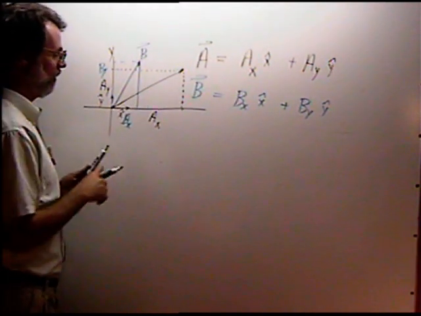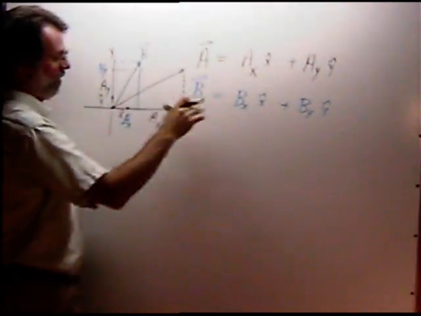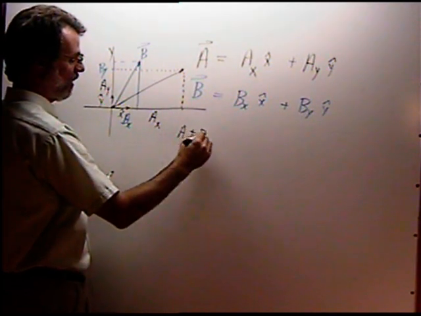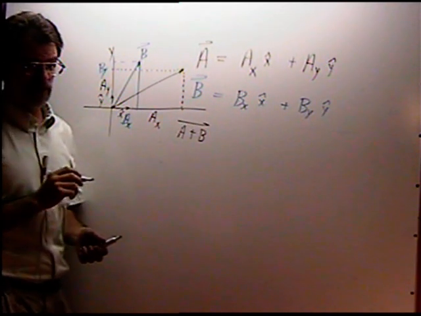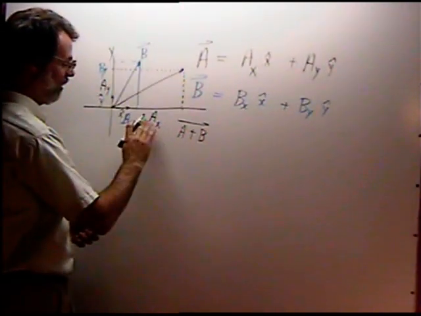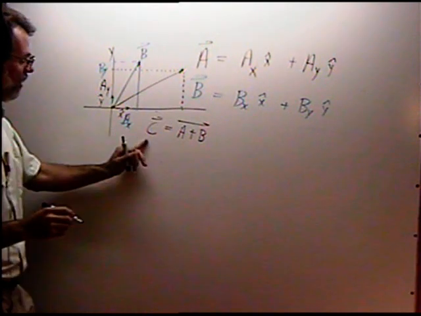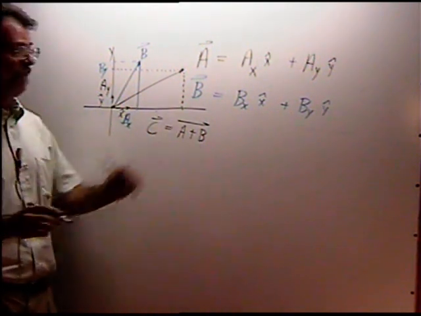Now when I add these vectors, I'm just going to write it like this, A plus B, and I'm going to call that a new vector, C. That is, the new vector C is the sum of A plus B.